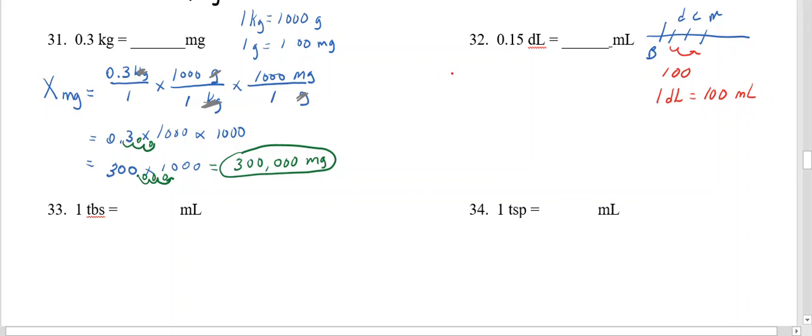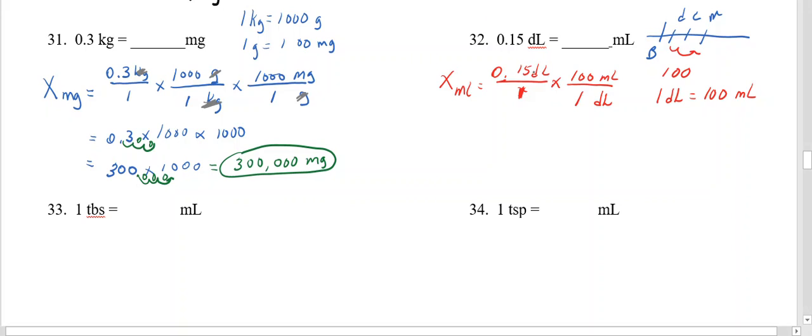So to set it up, X milliliters equals 0.15 deciliters over 1, times, deciliters is on top, deciliters goes on bottom, and milliliters will go on top. So there's 100 milliliters to 1 deciliter.